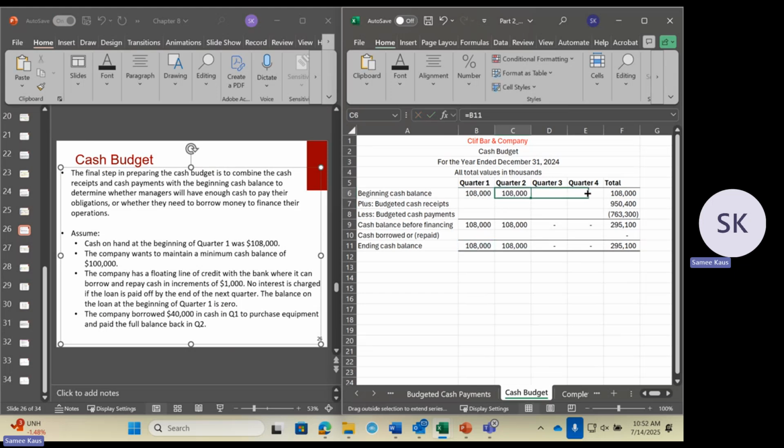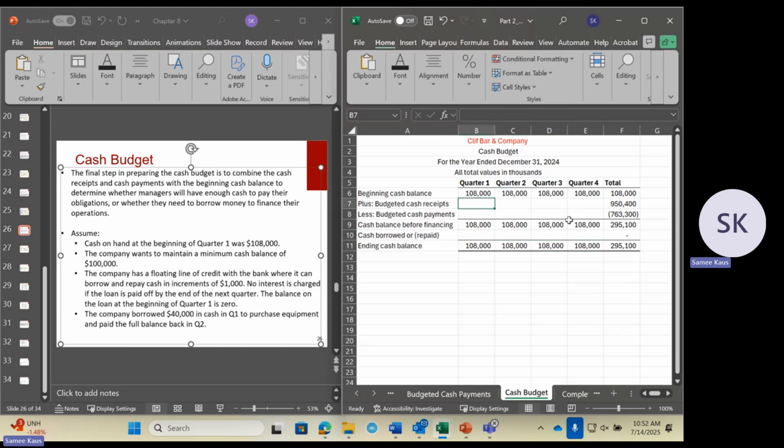So all I have to do is flow those through, pulling through the respective ending cash balances and making them my beginning cash balance. Now these will change as these numbers begin to change, because it's a cell reference.